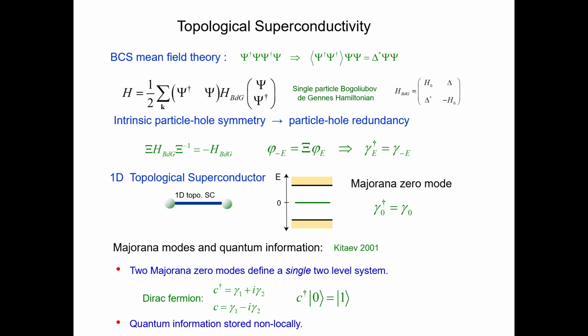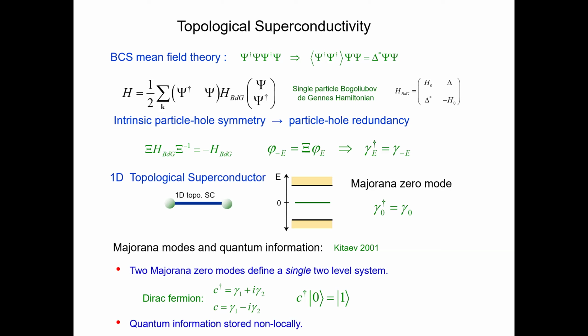In particular, there's an operator that anti-commutes with the Hamiltonian, and in addition to giving you this intrinsic particle-hole symmetry, there's also an intrinsic redundancy built into this description. For every state at positive energy, there's a corresponding state at minus that energy.